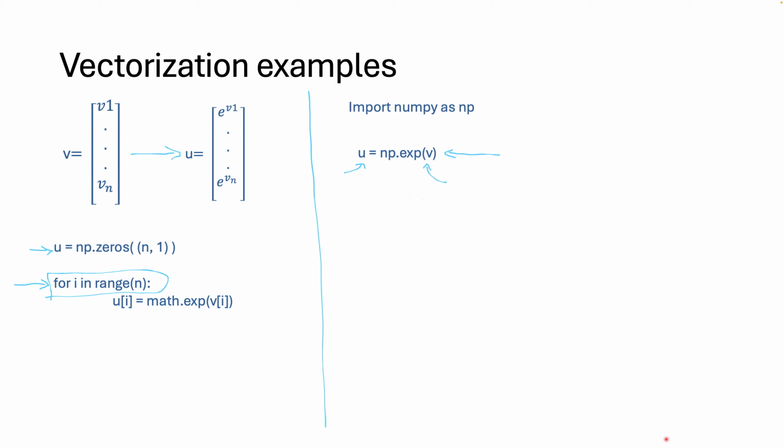In fact, the NumPy library has many vector-valued functions. It's really focused on machine learning and data science, and it's built to help you compute things much faster. For example, if you want to do logarithms, you have np.log(v), which will compute the element-wise log. Another example is np.abs, which is the absolute value.